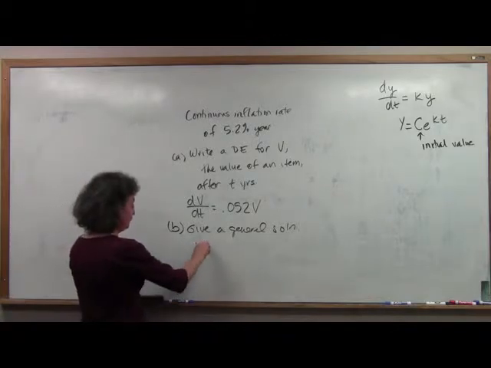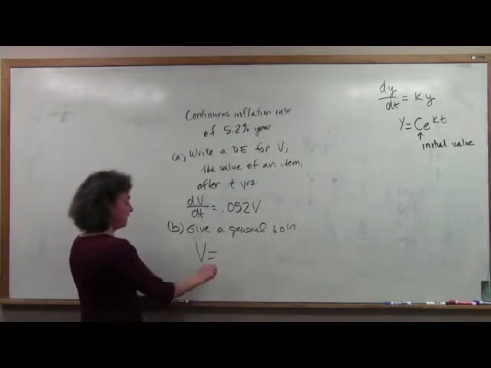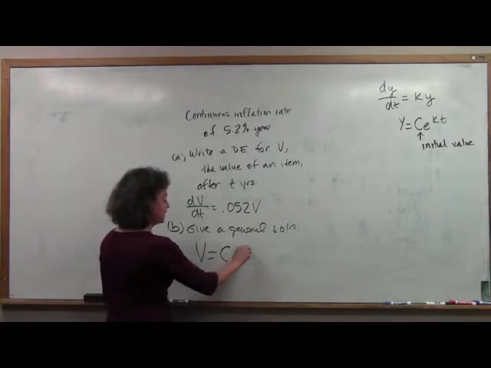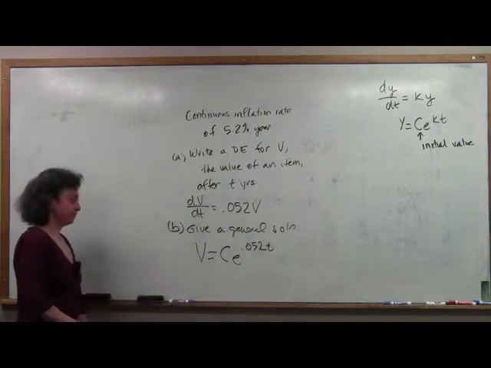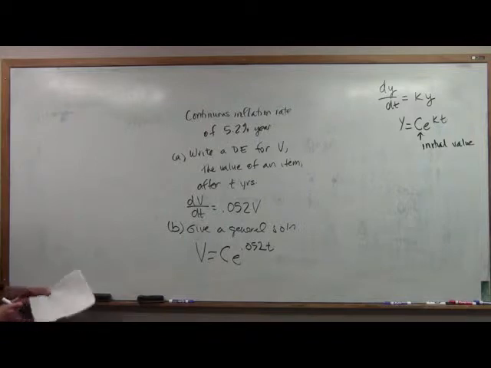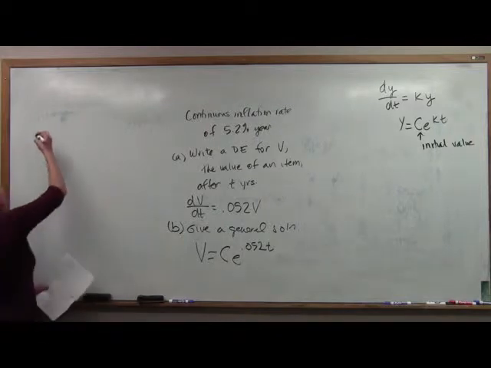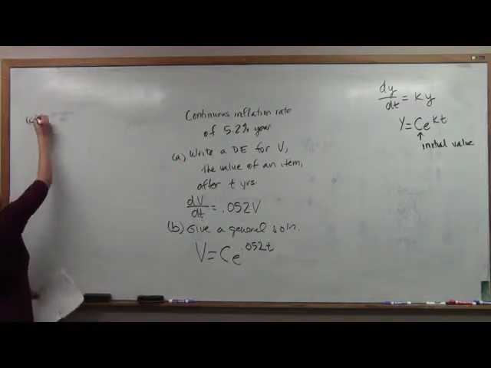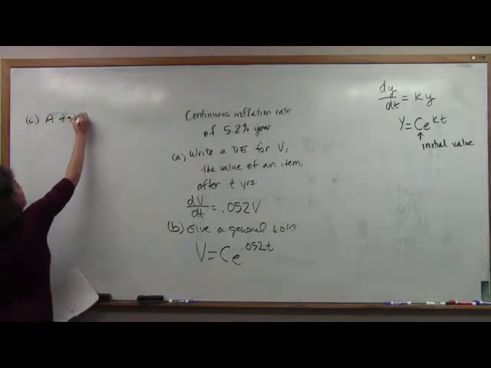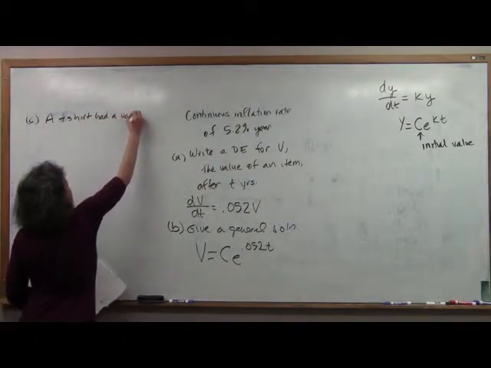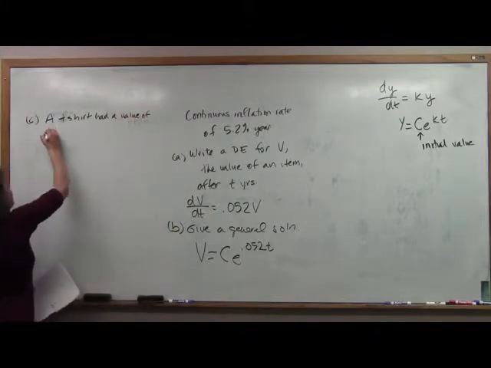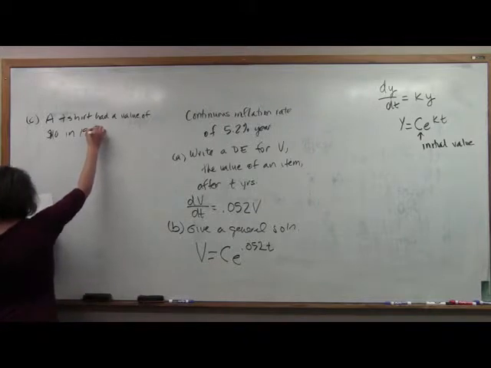Well, that would be V is C e to the 0.052t. And finally, let's just assume a t-shirt had a value of $10 in 1995.